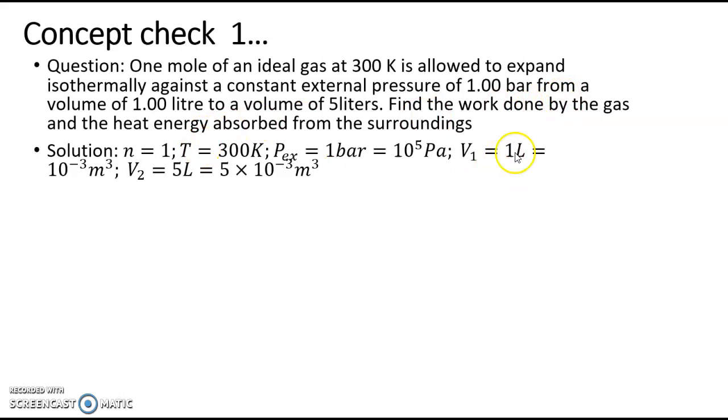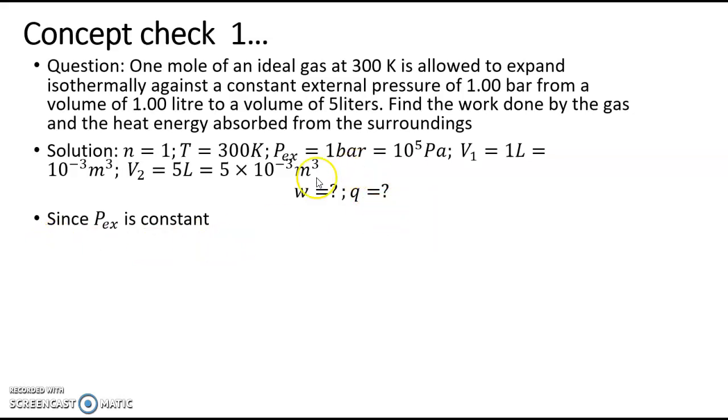From a volume of 1 liter, 1 liter is 10 to the minus 3 meter cubed, to a volume of 5 liters, that's 5 times 10 to the minus 3 meter cubed. Find the work done by the gas. So we're looking for work, that's why it's a question mark. And the heat absorbed from the surroundings, that's another question mark.